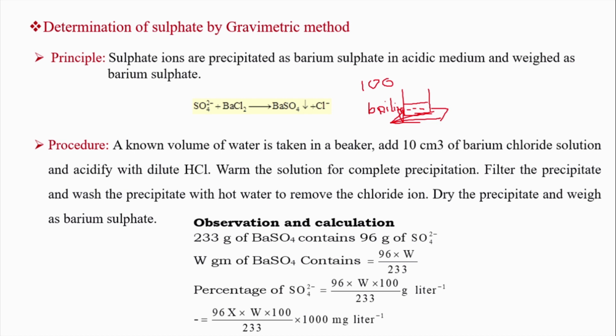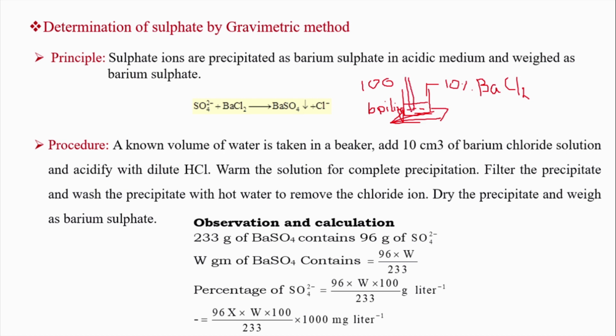Once it has started boiling, along the sides of the beaker, 10% barium chloride is added dropwise. The 10% barium chloride is the precipitating agent. It is added continuously and the solution is stirred using a glass rod.